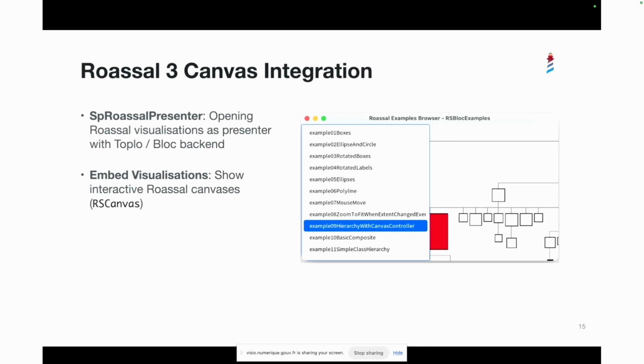Also, in a previous issue we showed that there is a way to open Roassal, the visualization library, with a host, as it has its own backends. Roassal by default has a Morphic host, but if you set a Bloc host, it opens using Bloc elements.